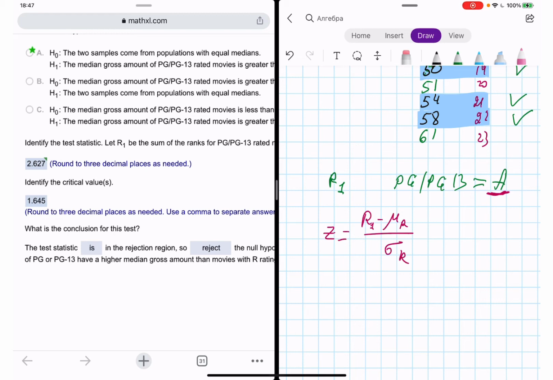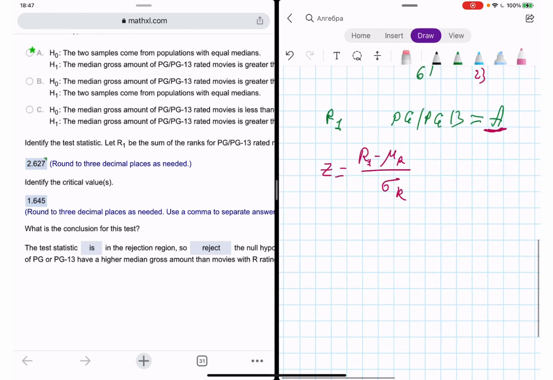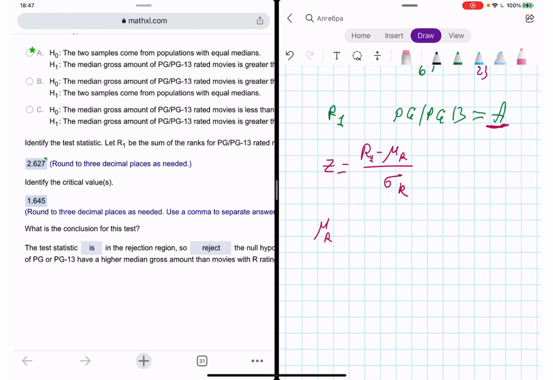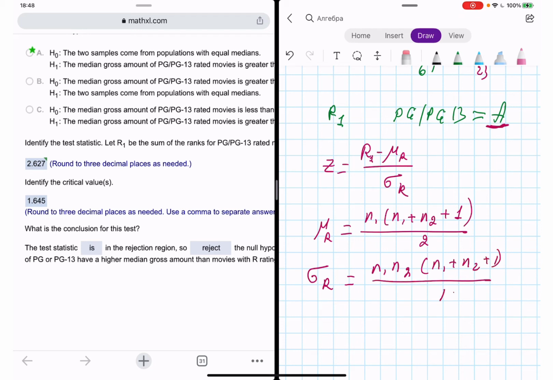Now, what we can calculate is mu R and sigma R. Our mu R is n1 times (n1 plus n2 plus 1) divided by 2, okay, and sigma R is going to be n1 n2 times (n1 plus n2 plus 1) divided by 12, and we are taking the square root.